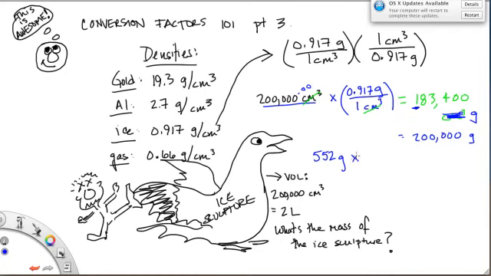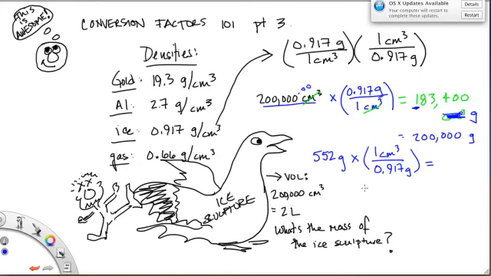So what is the conversion we're going to use? We're going to use this guy because we want to know centimeters cubed. So centimeters cubed goes in the numerator. So 1 centimeter cubed in 0.917 grams. So our problem becomes 552 divided by 0.917.